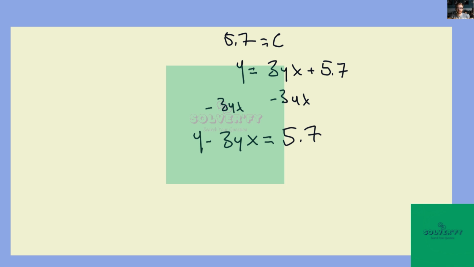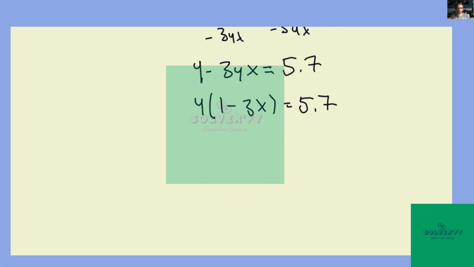And then we'll factor out a y to get y times (1 minus 3x) equal to 5.7.